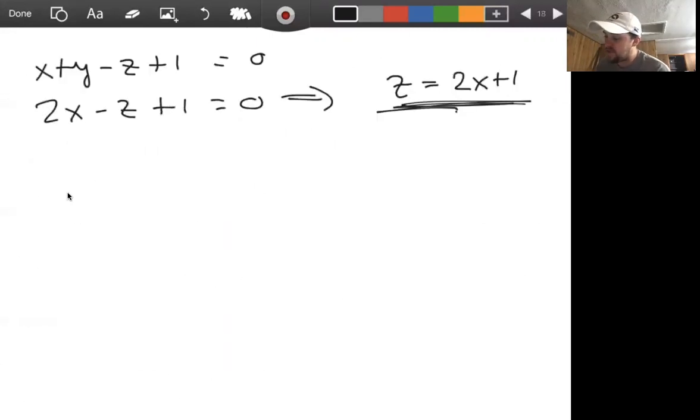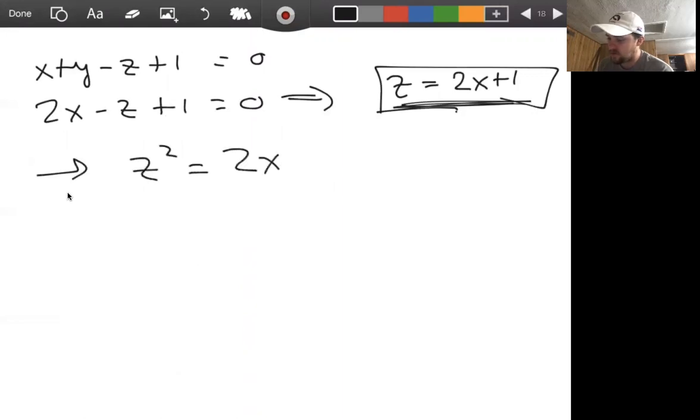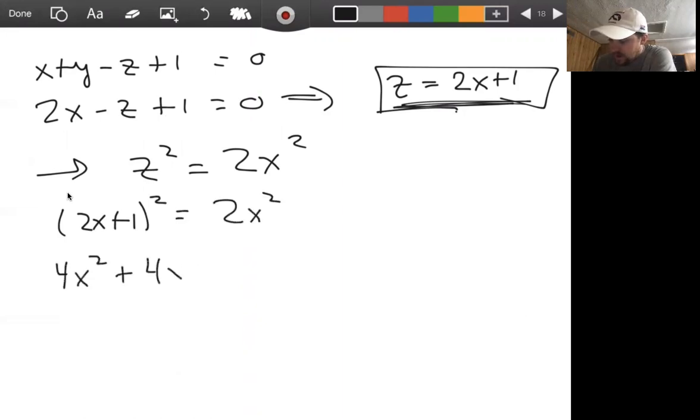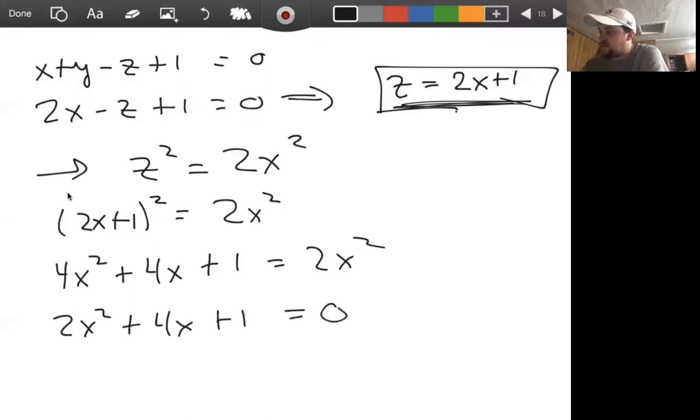And so let's plug this z value in. So we have z squared equals 2x squared from the other constraint, right? So this is 2x plus 1 quantity squared equals 2x squared. So we get 4x squared plus 4x plus 1 equals 2x squared. And this gives us 2x squared plus 4x plus 1 equals 0. And now we have to solve this using the quadratic formula.